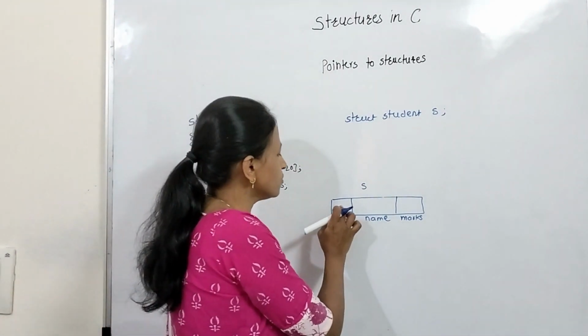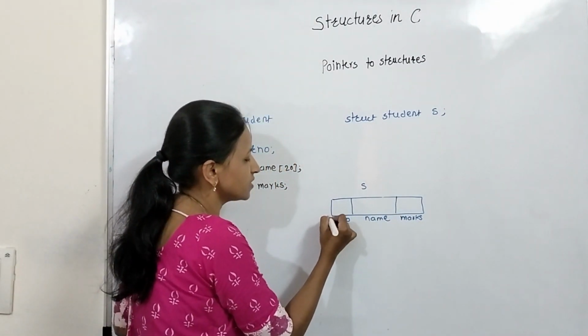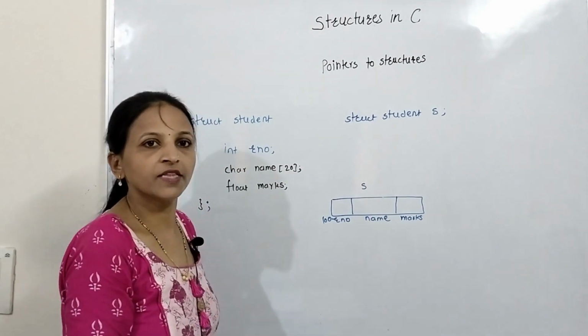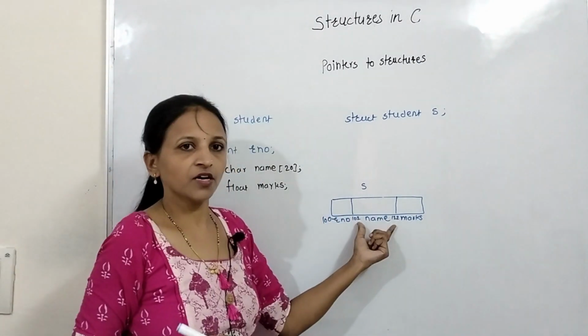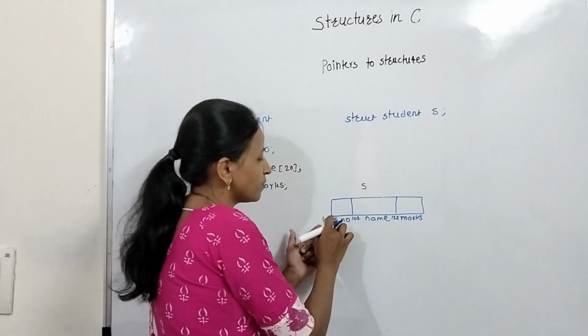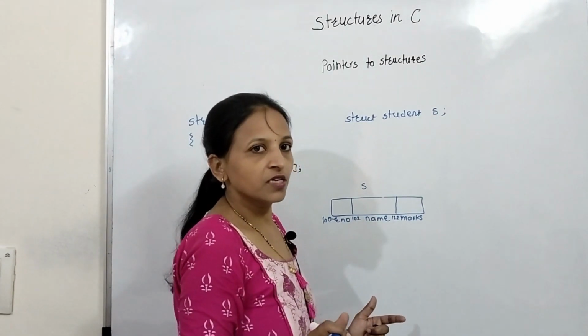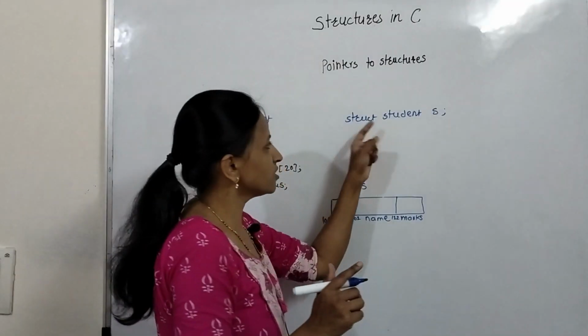Now I want to store the base address, meaning this initial address, in another variable. It is possible. We are not going to store these individual addresses, only the initial address. That base address we can store inside another pointer only. The pointer should be of type struct student.